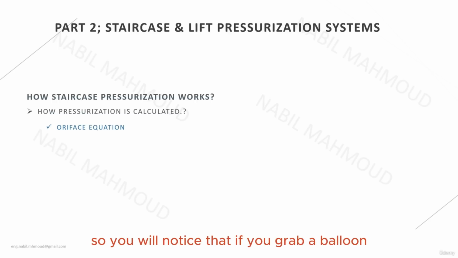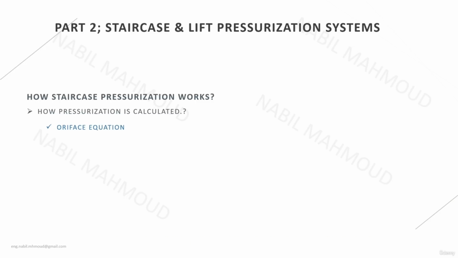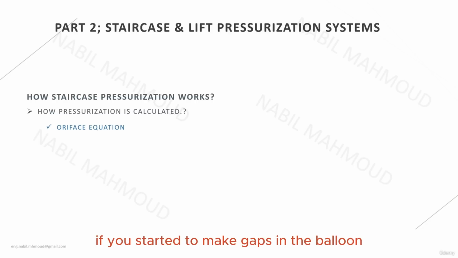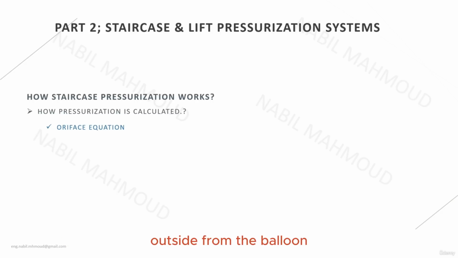You will notice that if you grab a balloon and start to blow air into it, you will increase the pressure inside the balloon, so it will expand and the volume will increase. The same case applies in the staircase. If you supply air into the staircase, because it's normally a closed space, you will increase the pressure inside the staircase enclosure. However, if you go back to the balloon example, if you started to make gaps in the balloon, what will happen? The air will escape from these gaps outside the balloon.